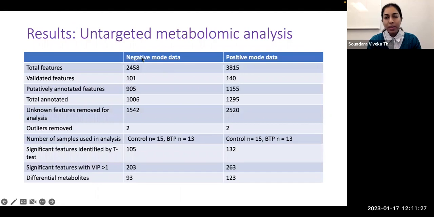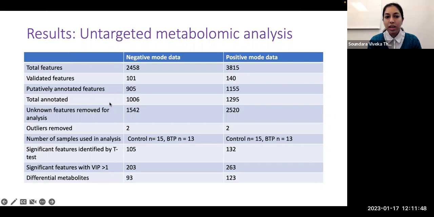The untargeted metabolomic analysis identified nearly 2,500 features in the negative ion mode and 3,815 features in the positive ion mode. As you can see, most of these features were unknown, that is, they have not been annotated using prior standards or experiments.